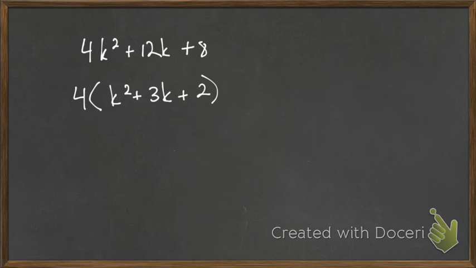What's cool about this is, do you see now that I have that trinomial with that leading coefficient of 1? Okay? So that means I'm going to be able to split that up into these two binomials. Once I factor out that 4, I can do this. So I've got a k plus 2 and a k plus 1.